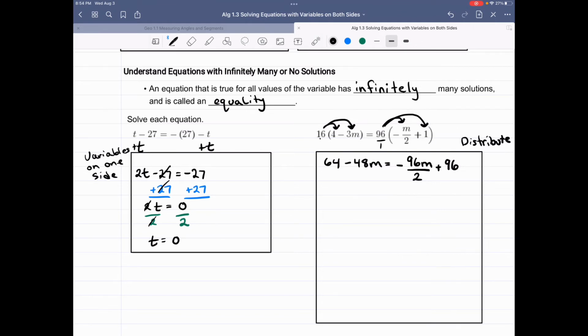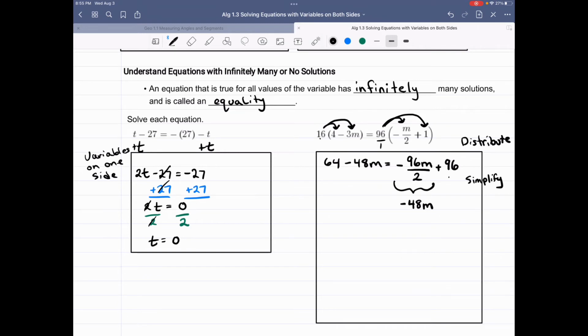I can simplify this fraction, so that's going to be my next step. Simplify the fraction. So this piece becomes 96 divided by 2, 48. So negative 48m.